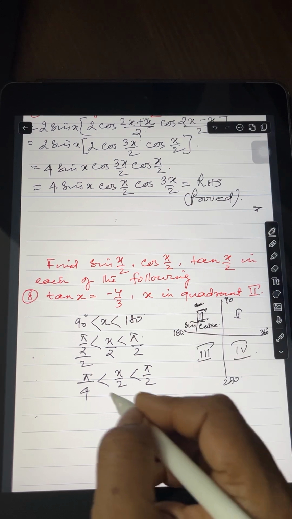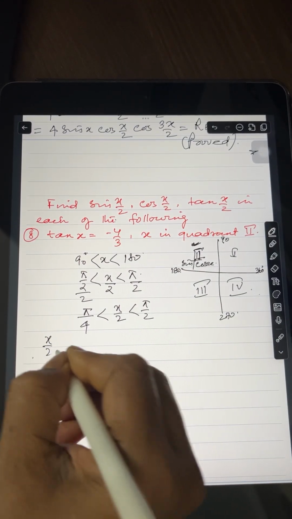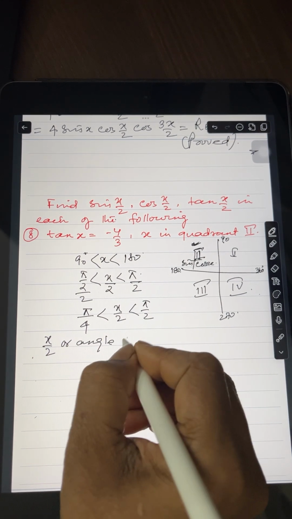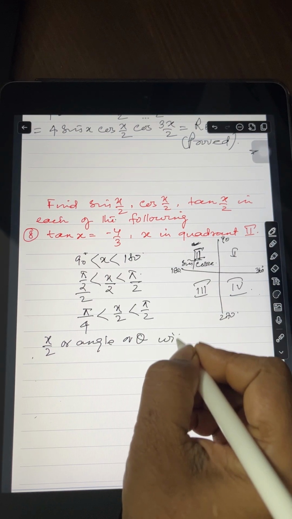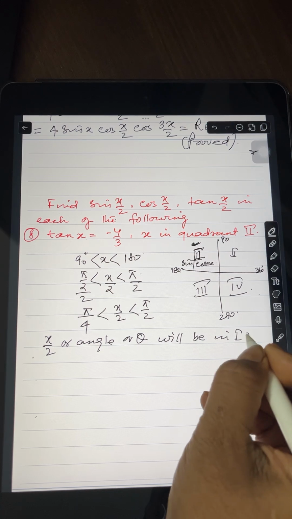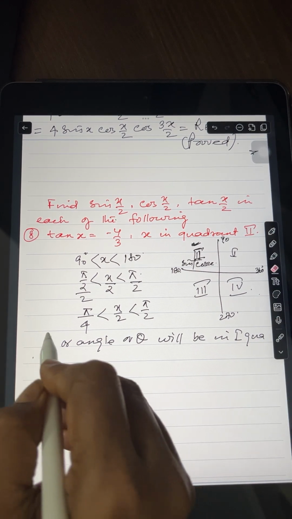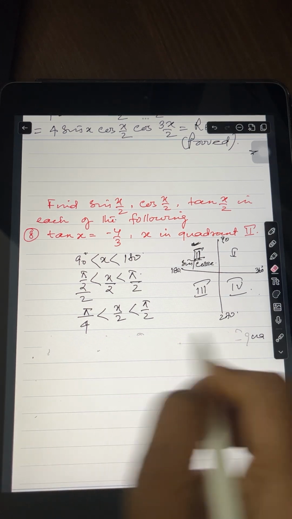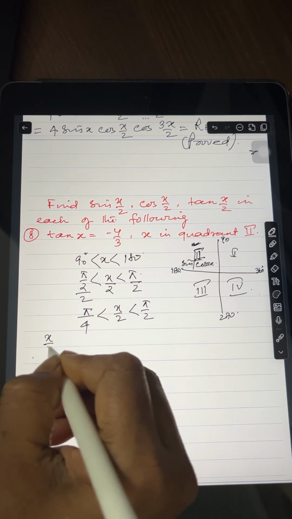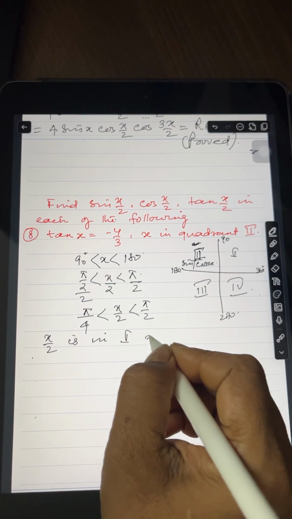So which quadrant will this x by 2 be in? X by 2, or angle theta, will be in the first quadrant. Okay, understood? So x by 2 will be in the first quadrant.